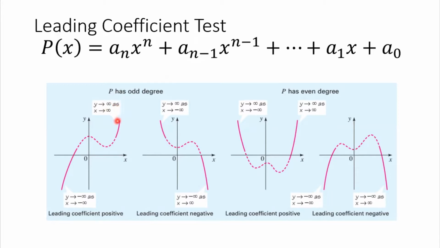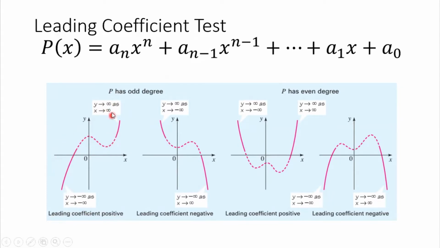So here, if p has an odd degree, the polynomial function has an odd degree, and the leading coefficient is positive, then the graph looks like this. It looks like x cubed.